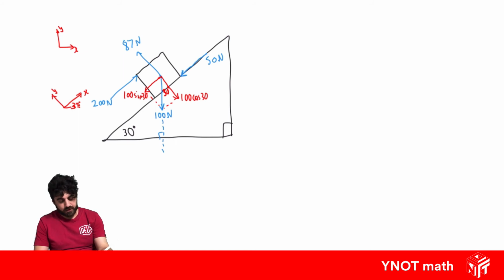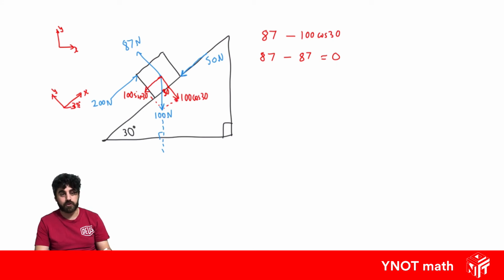Now to work out what's going on in the system as a whole, we just look at the vectors in each of the axes. With the y-axis, we've got our 87 going in the positive direction and our 100 cos 30 going in the negative direction. 100 cos 30 is about 87, so we get 0 movement in the y direction, which should hopefully make sense, otherwise the box would be either floating off the incline or moving through it.